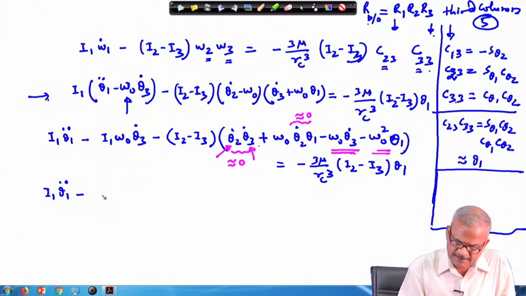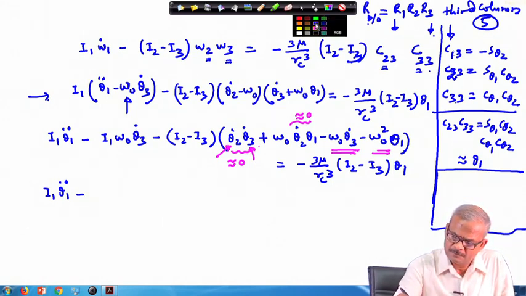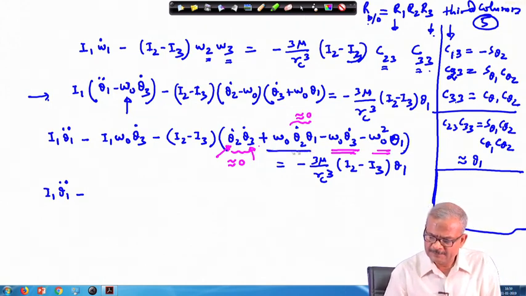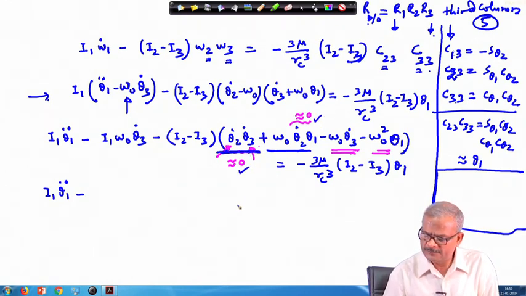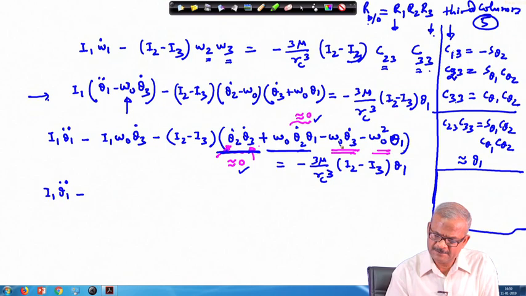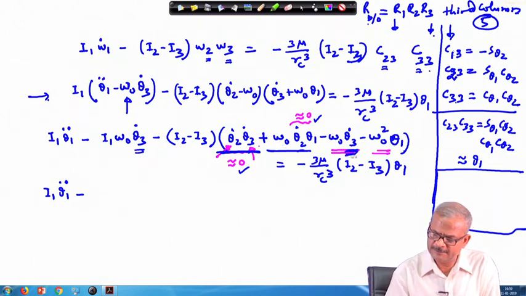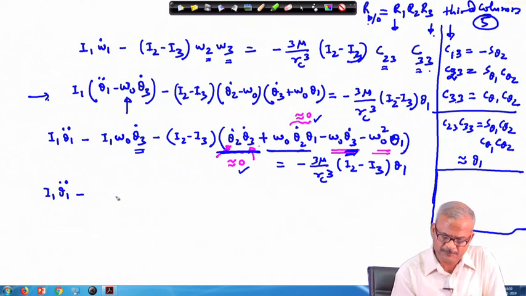So, these two terms get deleted because these are almost zeros, and the other terms which are remaining are here in this place. So, we pick up this, and here if you look, this is theta 3 dot and here also the theta 3 dot term is there. So, we can combine them together.